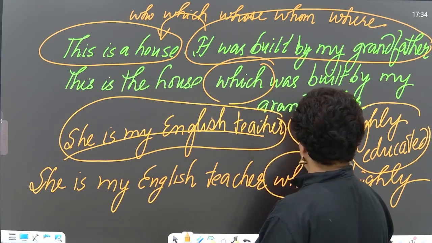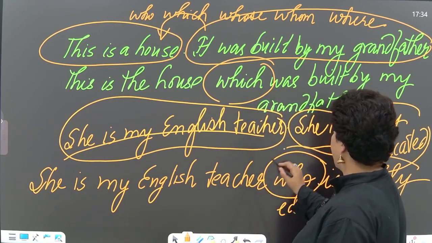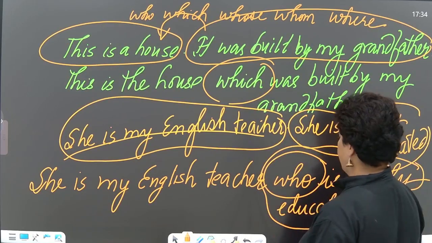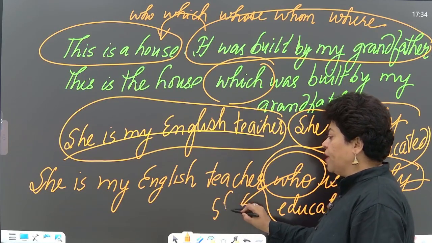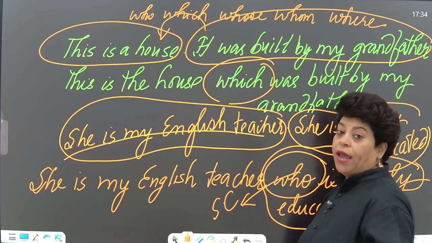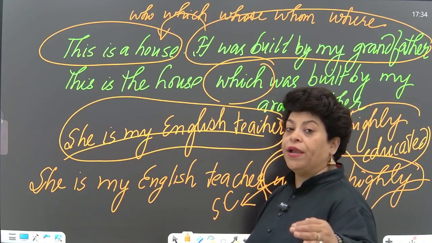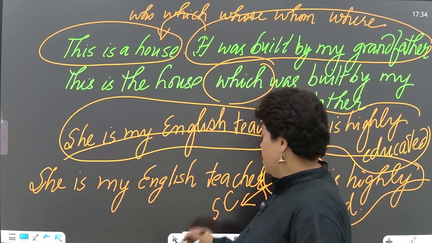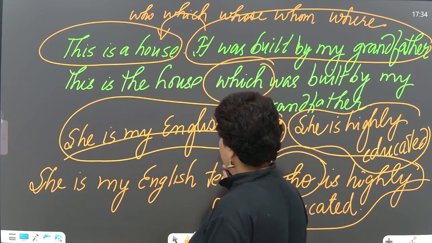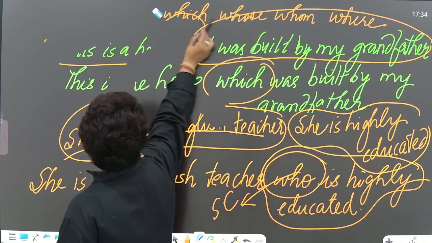What is the dependent clause? Who is highly educated. When we add who here, this becomes subject subordinating conjunction, hence making the whole clause dependent on the independent clause. I hope this suffices the complete form of adjective clause.